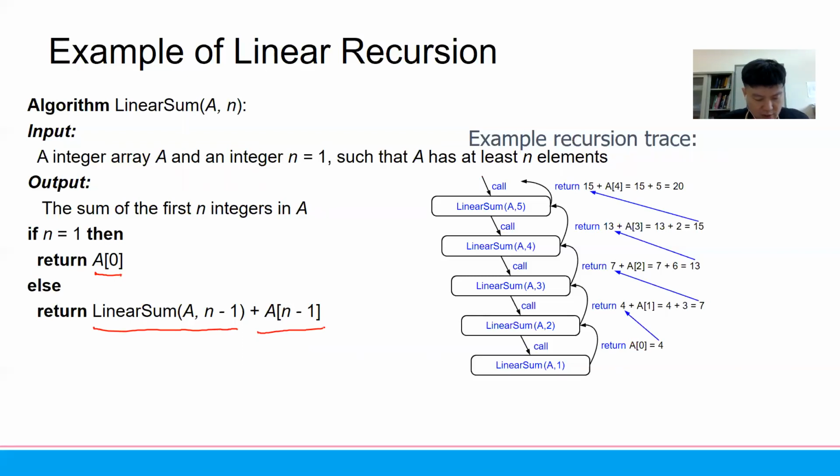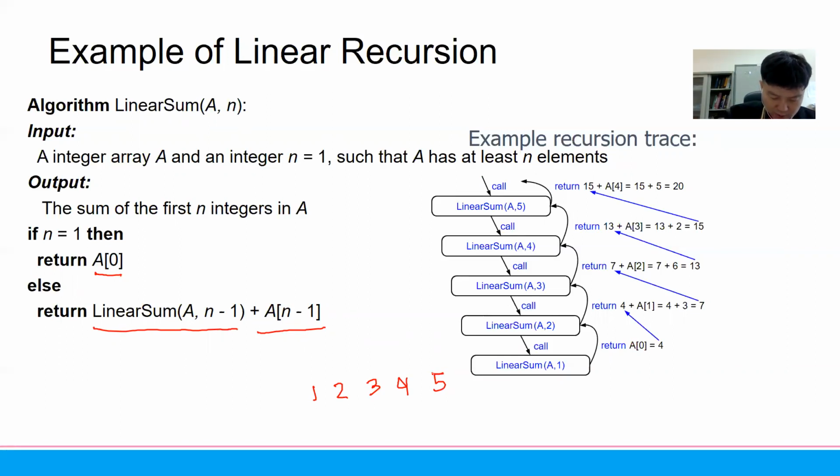Okay, what does it mean? Let's say I have the integers 1, 2, 3, 4, 5 in a, and I want to calculate the linear summation. Then I want to do the summation using a at n minus 1.